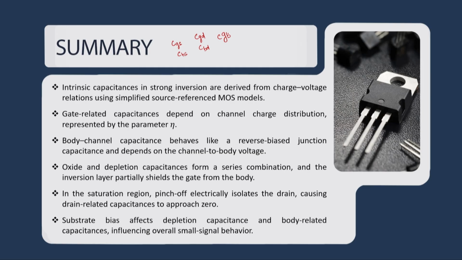If you are extracting these capacitances for VDS equal to 0, then roughly the values of CGS and CGD are the same, half of COX, and similarly this value is half of CBC, whereas CGB is equal to 0. And when you are extracting these capacitances for the saturation region, we get CGS equal to 2 by 3 of COX and CBS as 2 by 3 of CBC. On the other hand, CGD is equal to 0 and CBD is equal to 0.